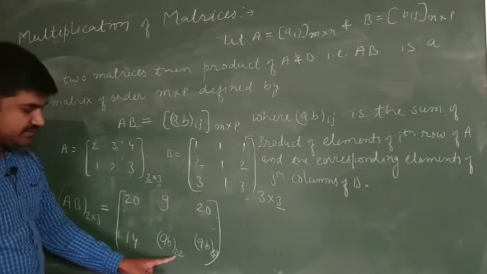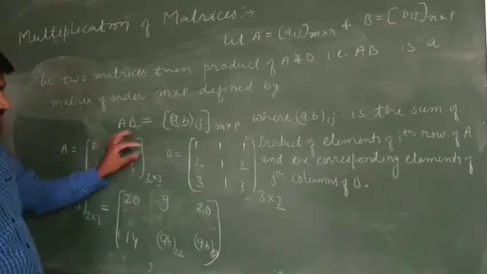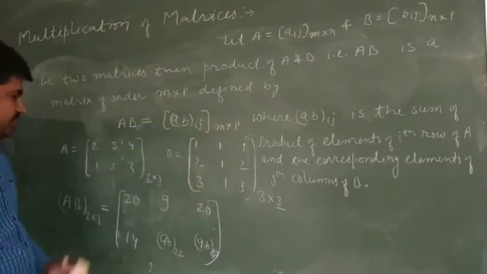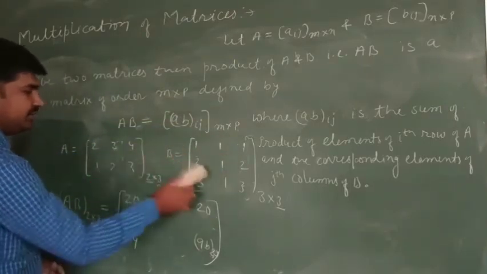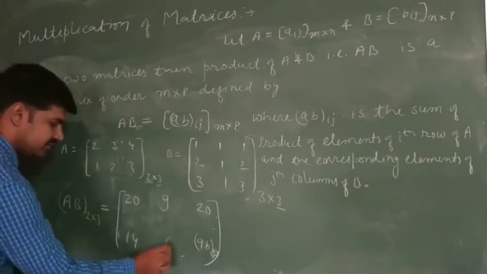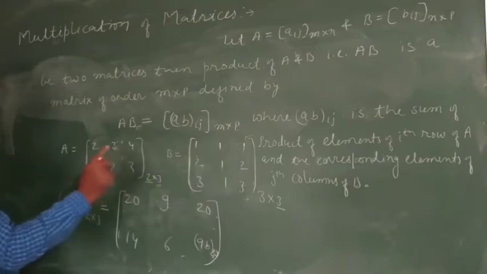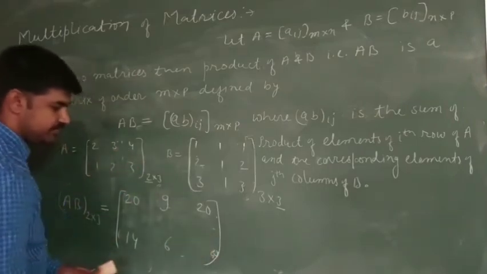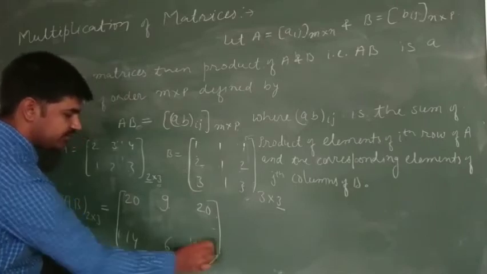Now to get this particular element, the second row of this and the second column of this one. So 1 plus 4 plus 9. How is it obtained?